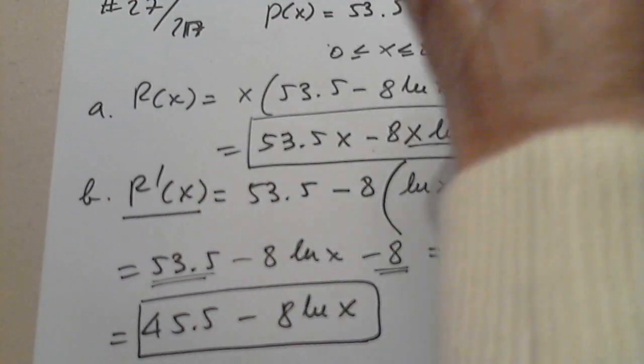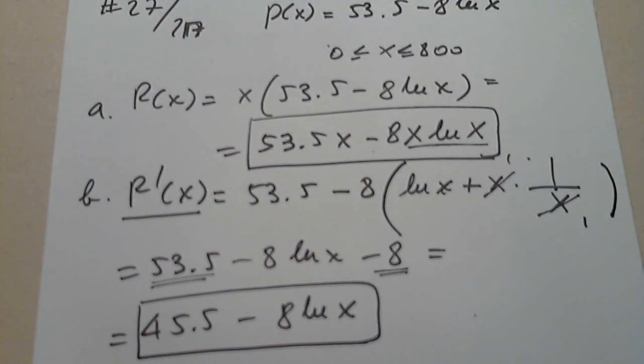Okay, so now let's see what else they want. How many units will be sold if the price that consumers are willing to pay is $40? The price has nothing to do with calculus, because it's not a rate of change.